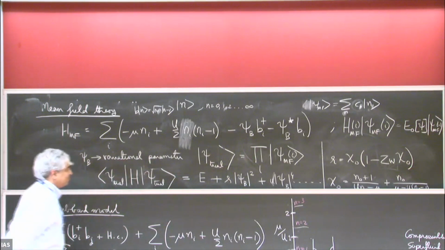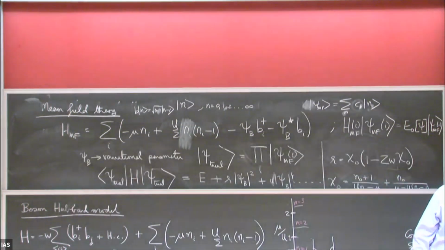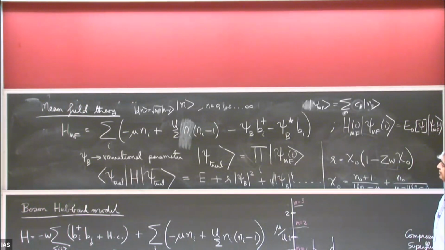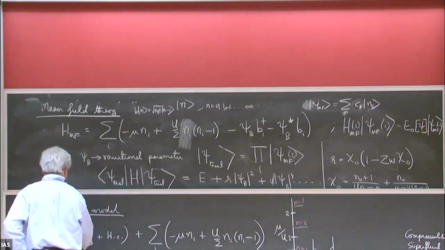Hello. Yes. My question is that the mean field Hamiltonian that you have written, is it based on some guiding principle that the form that you have written should be like that? The guiding principle is, yeah, we'll talk about that. It's one of factorization.